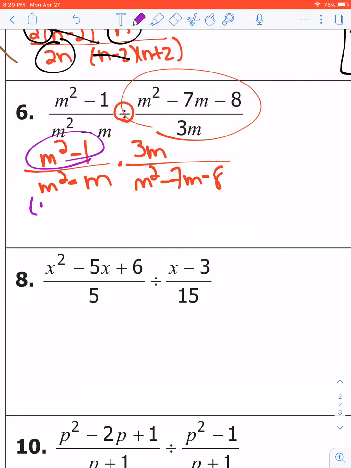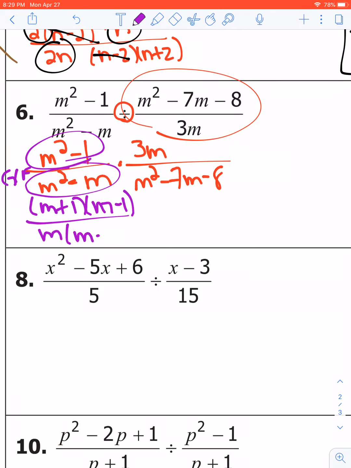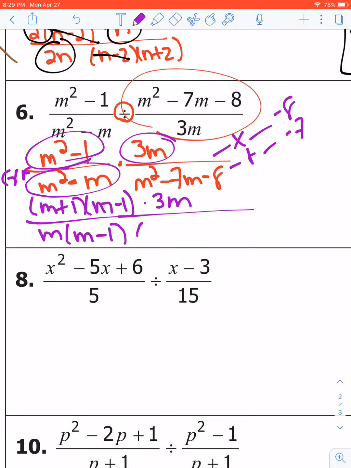Difference of 2 squares. GCF. I can take out an m. 3m doesn't factor. And I have to find two numbers that multiply to negative 8 and at the same time add to 7. And that's going to be m minus 8, m plus 1.